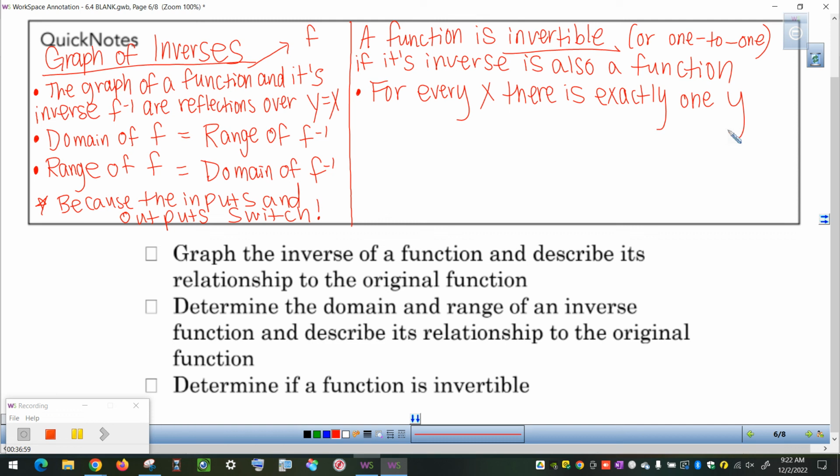Every x value only has one y value. But in order for it to be one-to-one, when we switch the x's and y's, and we still have that result be a function, then another requirement must also be true, and that is that for every y value, there is exactly one x.